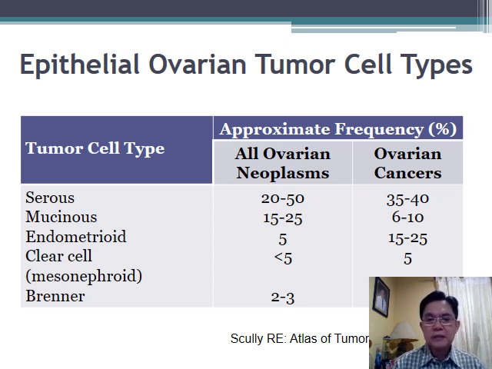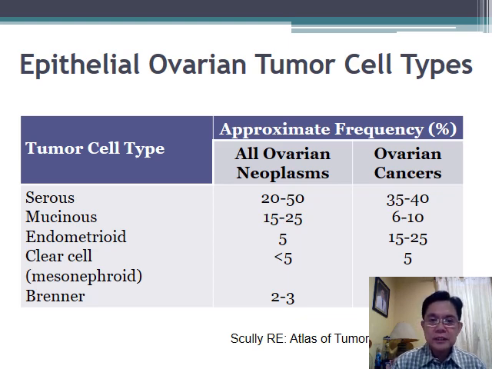On the other hand, if it is malignant, the terminology used is commonly serous adenocarcinoma or mucinous adenocarcinoma. The major cell types of ovarian epithelial tumors recapitulate the Mullerian duct-derived epithelium of the female reproductive organs.